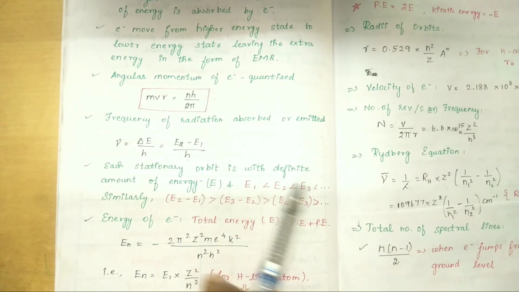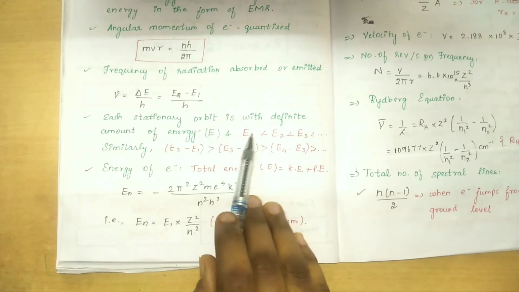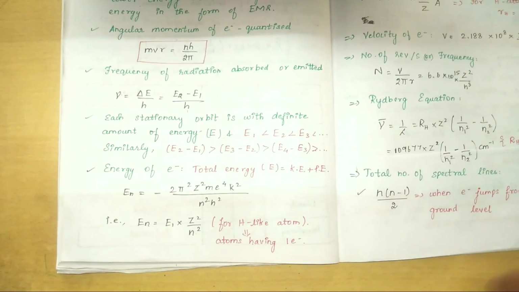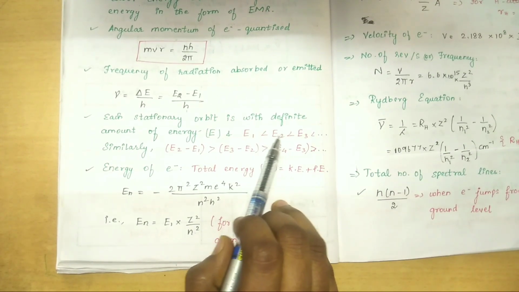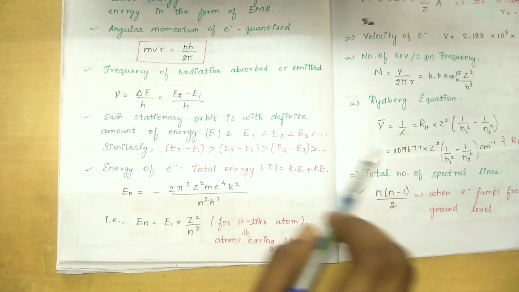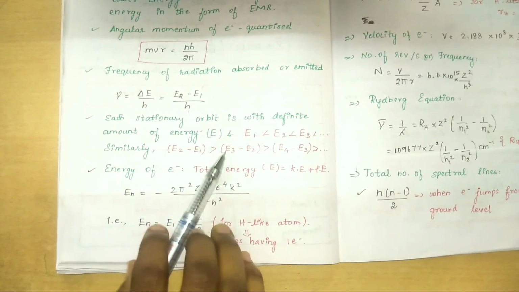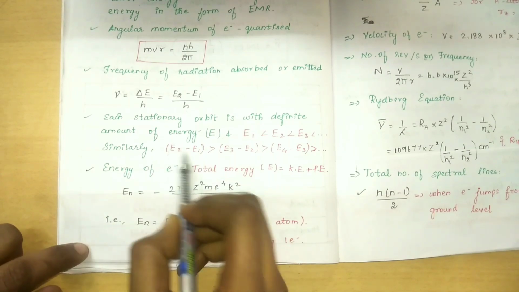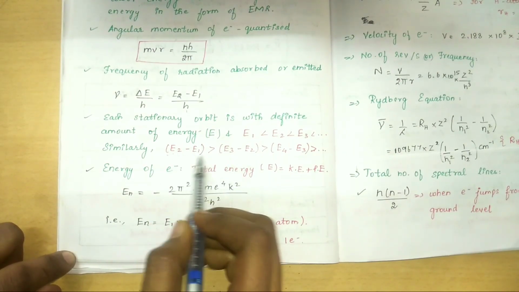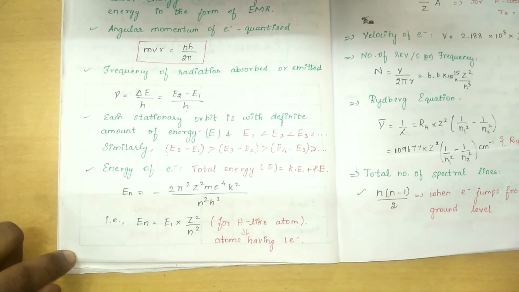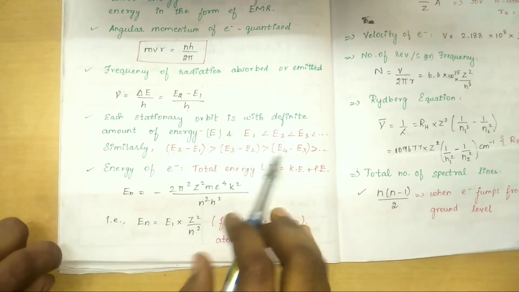Each shell has its own energy; going to a higher state, its energy will be more. Like E1 is less than E2, which is less than E3, and so on. Similarly, the difference between the ground state and the second shell is maximum, and the differences keep decreasing for higher levels.